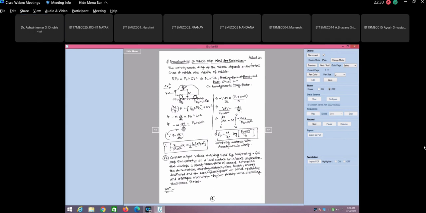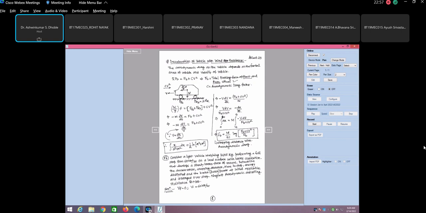Sir, read this problem carefully, as many things have been asked. So consider a light vehicle weighing 3635 kg performing a full stop. That means final velocity is 0, so VF is equal to 0. V initial VI is given as 60 km per hour.